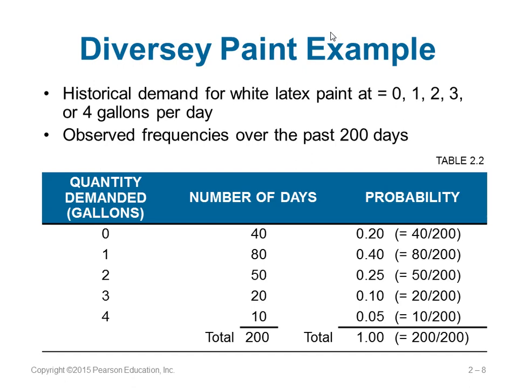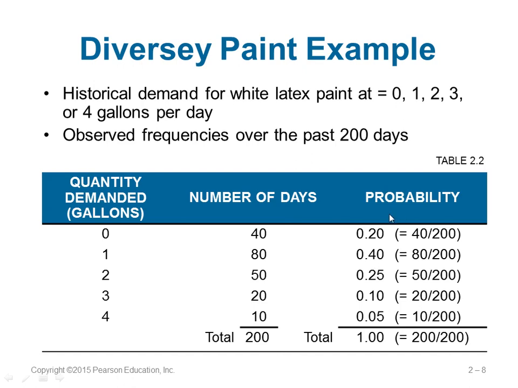On 80 days, 1 gallon of paint was sold. For 50 days there were 2 gallons, and so on. They represent this in a table here. So 0 gallon demand for 40 days, 1 gallon for 80 days and so on. If you sum up the number of days, you will get the total number of days, which is 200.